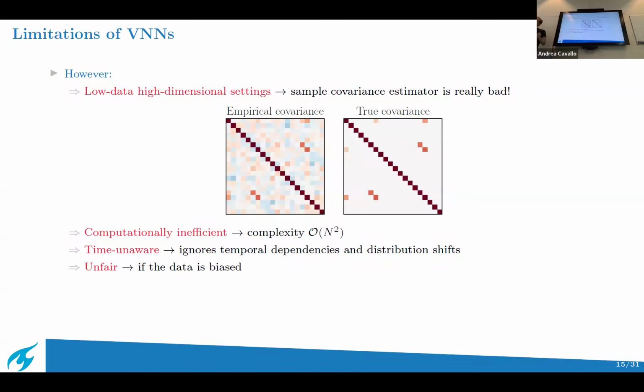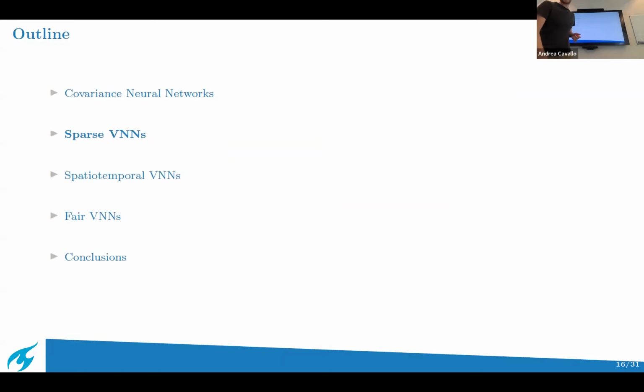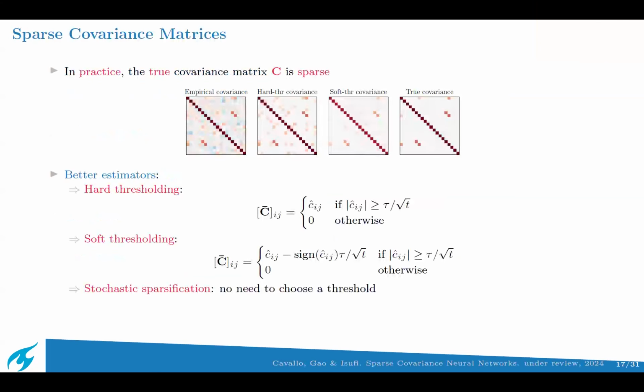Plus, it's computationally inefficient because you have this n squared matrix, and in this case, right, you have only a few non-zero values, but you will have a lot of non-zero values here, all of them because of noise, because you are estimating a noise matrix, right? So let's start with these two challenges, and let's look into sparse covariances for neural networks.